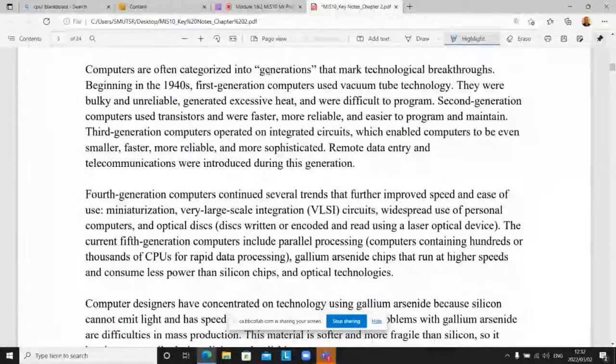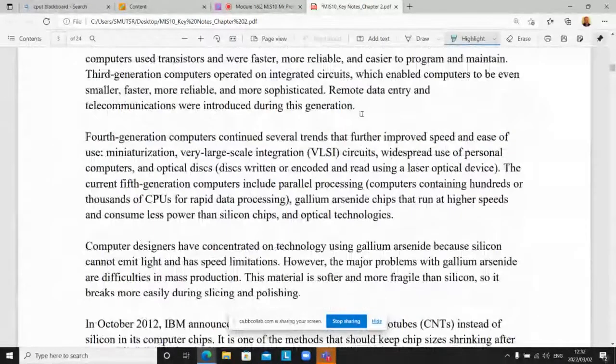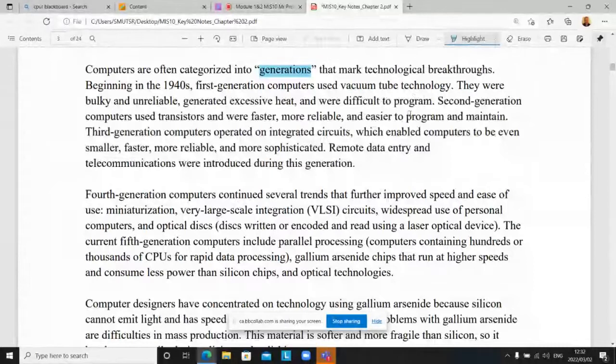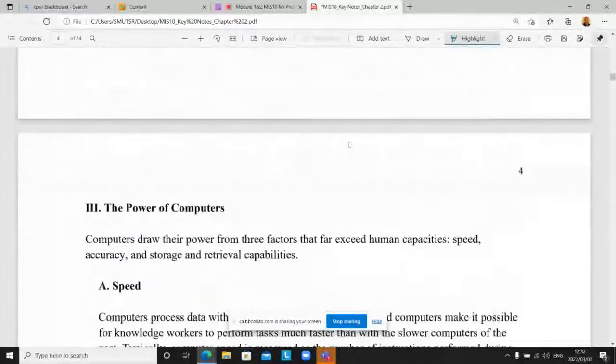The history or generations of computers start with 1. Okay, so you need to know the generations. You don't need to explain the generations. Again, that is not required at the moment. So you have first generation, second generation, third generation, fourth generation, and fifth generation, if I'm correct. There is a lot of very technical information here, but there are 5 generations.